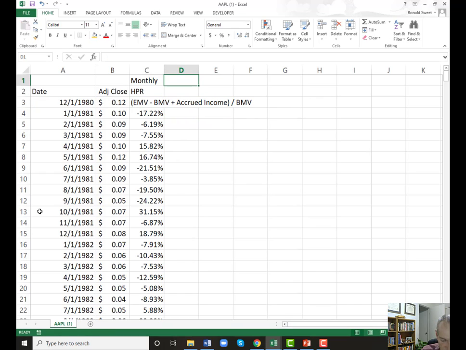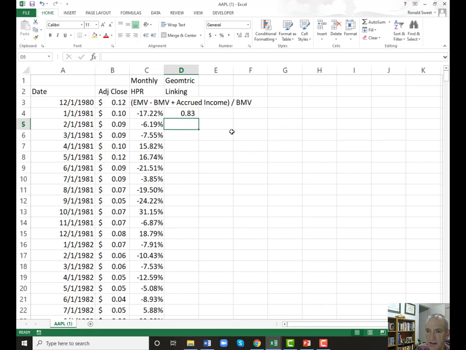So we're going to geometrically link these returns. How do you do that? Well, you start with the very first one plus that very first month. What we're saying is if we had $1 to start with, we invested in their stock, at the end of the first month, we would have only 83 cents left.